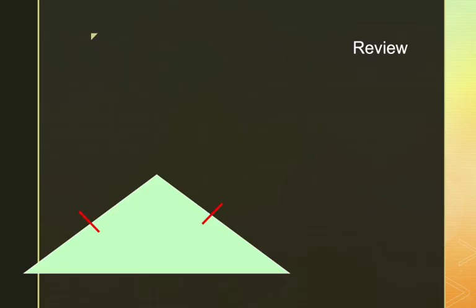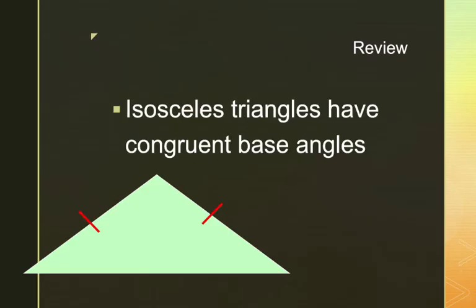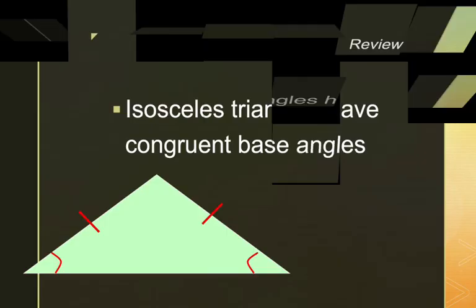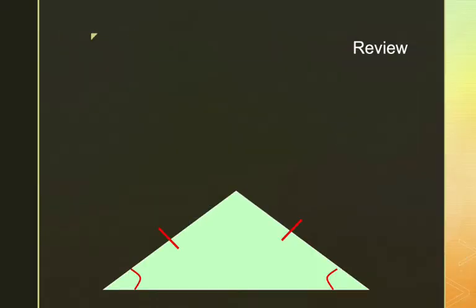We are done with the examples. Let's review what we did. We just talked about isosceles triangles and their congruent base angles. We had, if the base angles are congruent, then the sides are congruent. And we had, if the sides are congruent, then the angles are congruent.